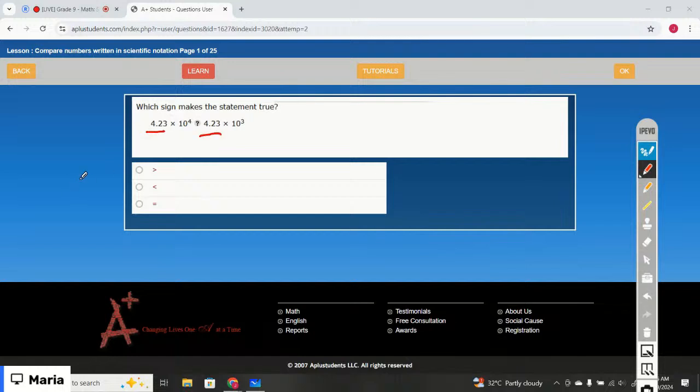Just look at this value, 4.23, 4.23, they both are exactly the same. Look at the exponents of the 10. Here you have 4 and here you have 3. 4 is greater than 3. That means 4.23 times 10 exponent 4 is greater than 4.23 times 10 exponent 3. Got it? So greater it is.